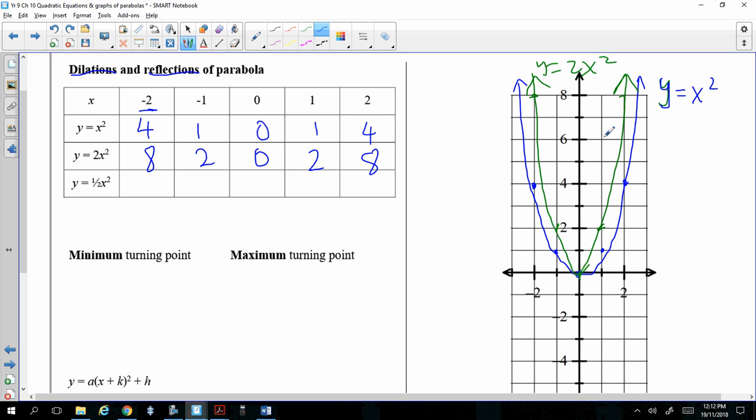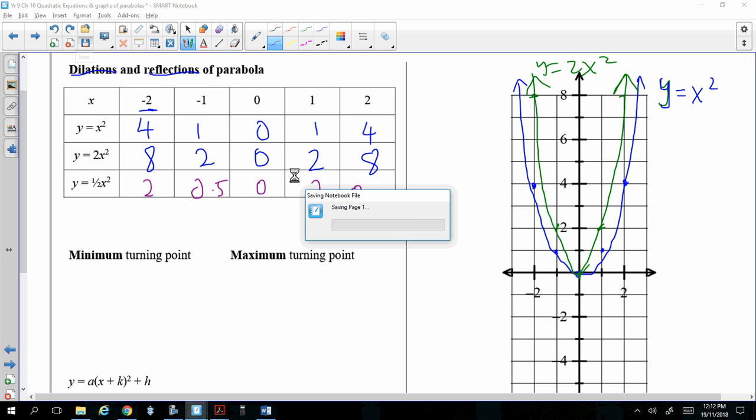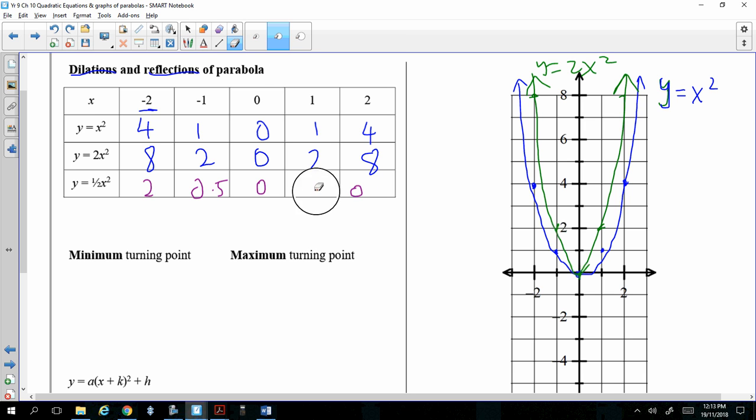And then you're going to draw the next one, which I'm doing in purple. We have 2, 0.5, 2. So you write 2 here, so you get 0.5, 2.